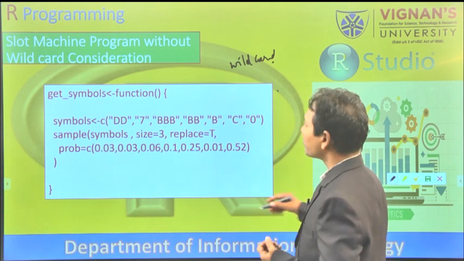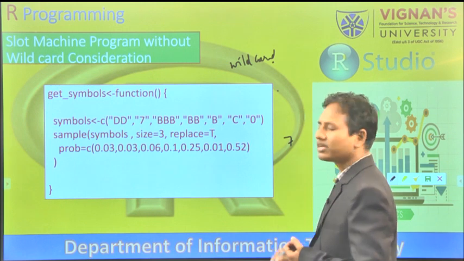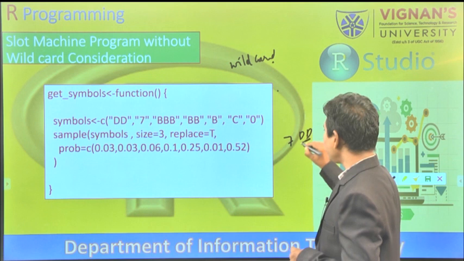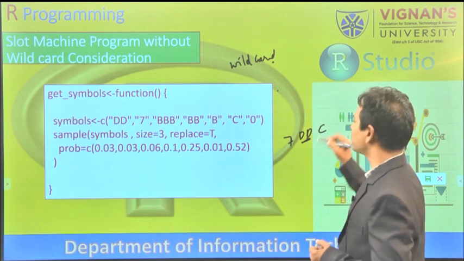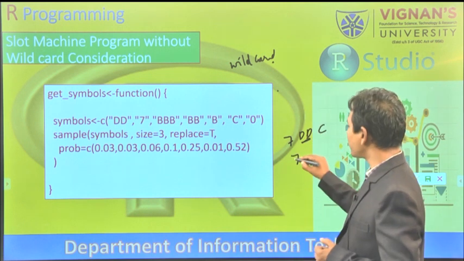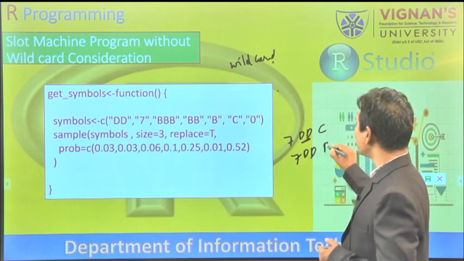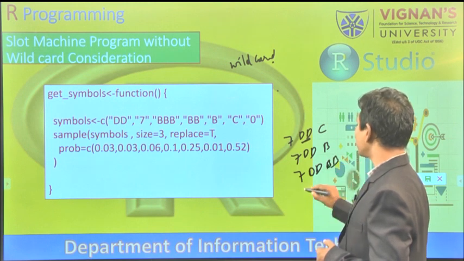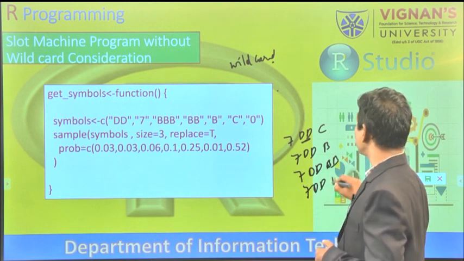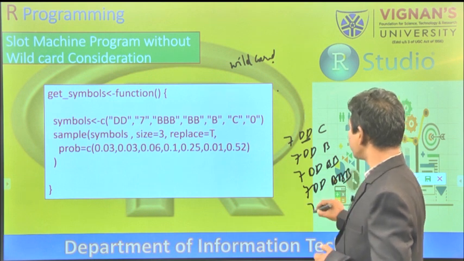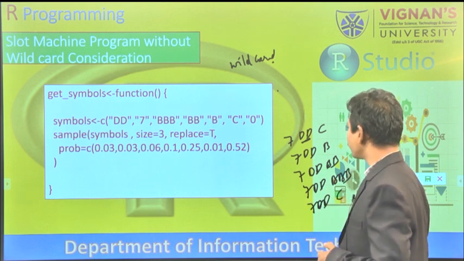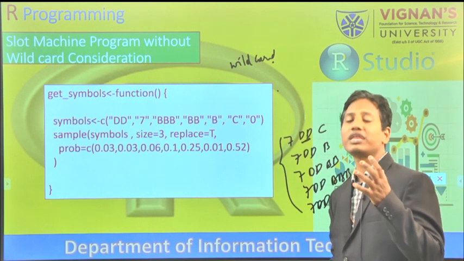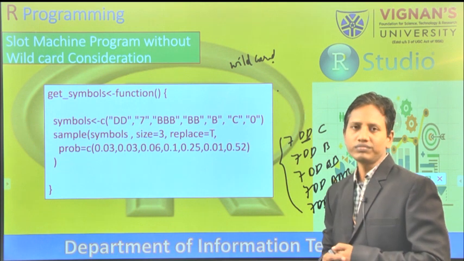Suppose I take 7, there is a possibility to get 7 with a single D and some other symbol here, C, and 7DD with some other symbol B, 7DD with double bar, 7DD with triple bar, and 7DD with C. Like this, there is a possibility to get many combinations.